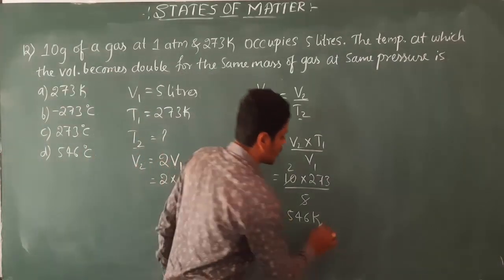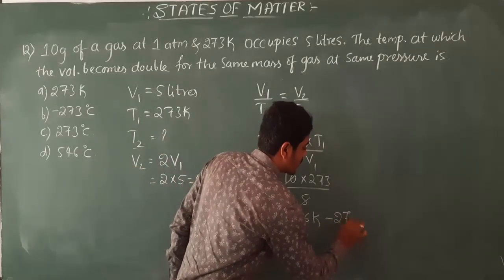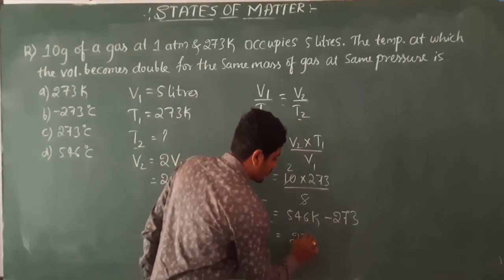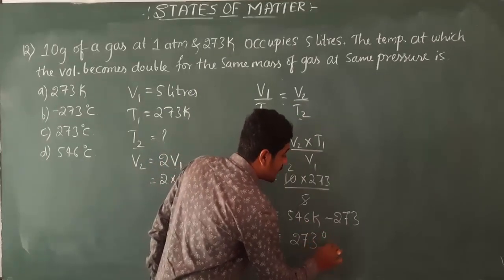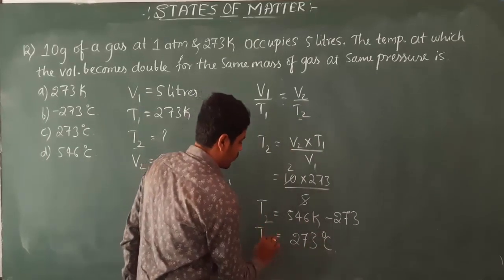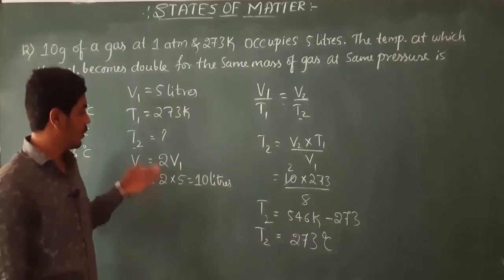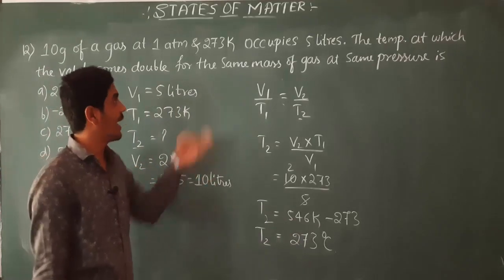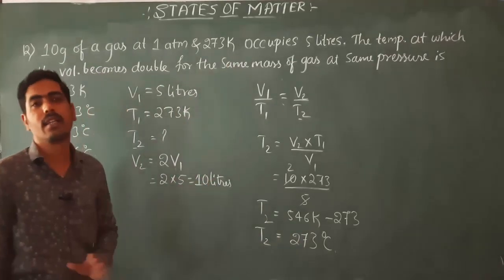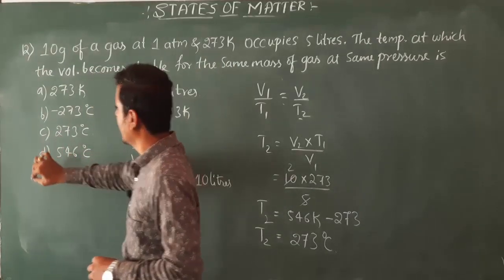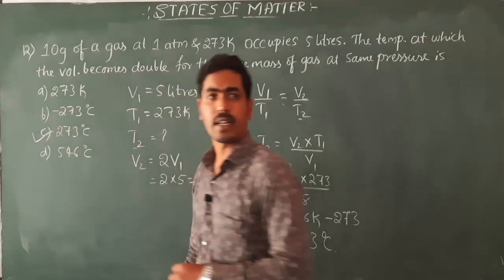How do you convert? 546 minus 273. It gives 273 degree Celsius. So at 273 degree Celsius temperature, the volume gets doubled, that is 5 liters becomes 10 liters. So which option is right here? Option C is the right one.